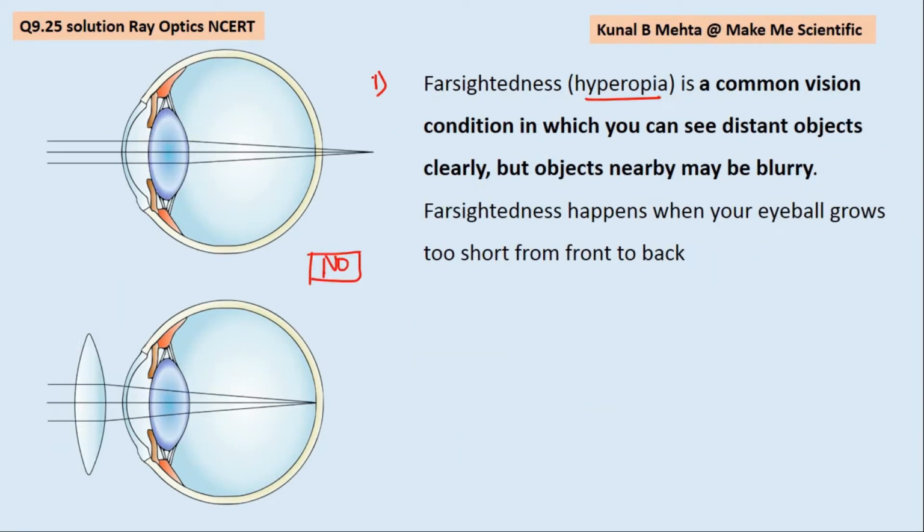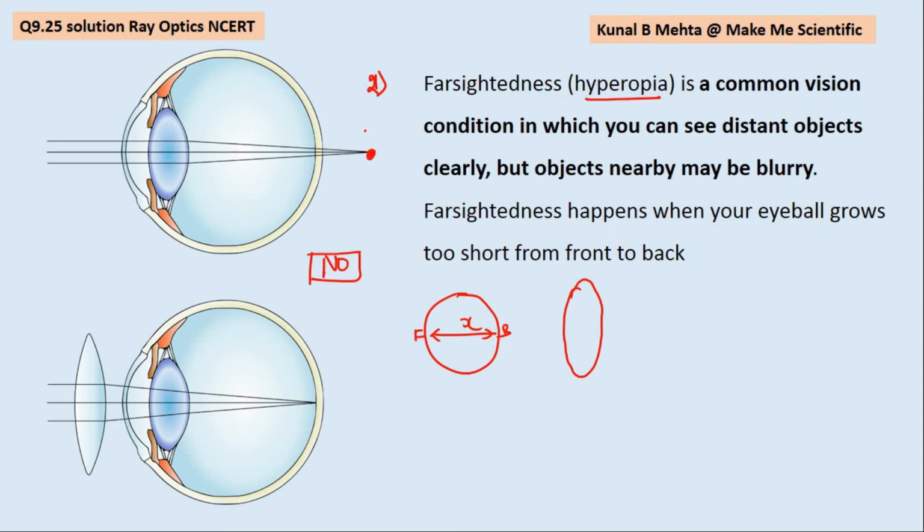The second defect of the human eye is farsightedness, hyperopia, sometimes also known as hypermetropia, where the nearby objects are not seen clearly. This happens with age, and what happens is the distance between the eyeball's front and back part, suppose this is x, decreases, so the eyeball becomes something like this, due to which the images are formed behind the retina.